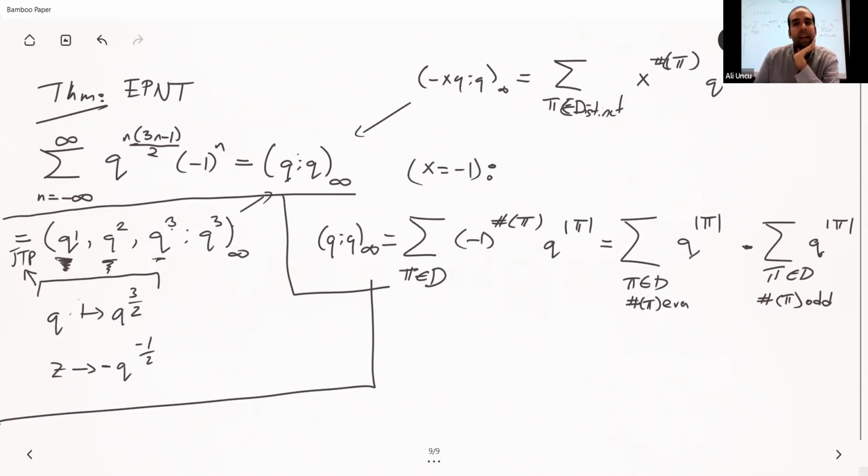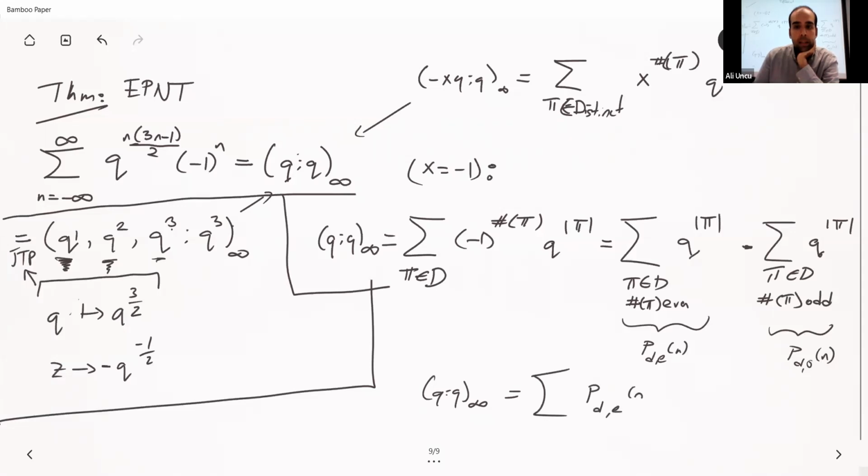So let's give a name to these: the number of these partitions to be PDE of n, and give the number of partitions into distinct parts with an odd number of parts to be PDO of n. So I have this (q; q)_infinity giving me the sum where the difference is PDE of n minus PDO of n, and I have q to the power n, which is the number that I'm partitioning.